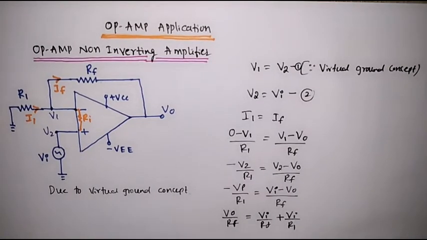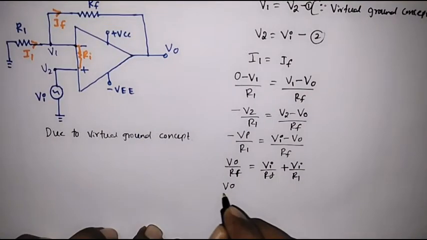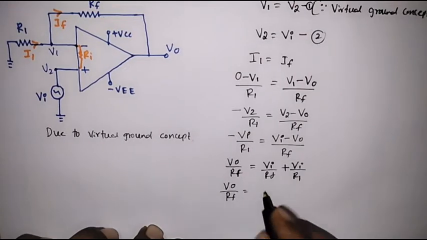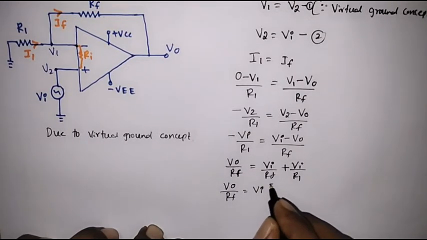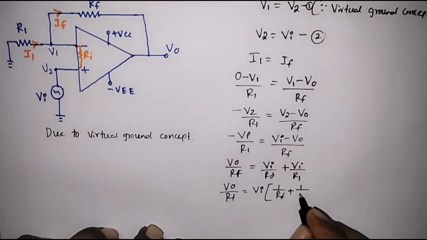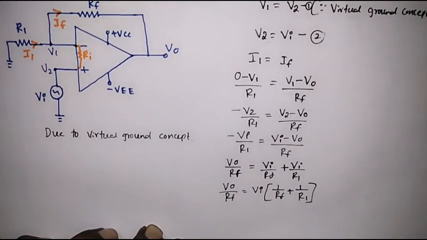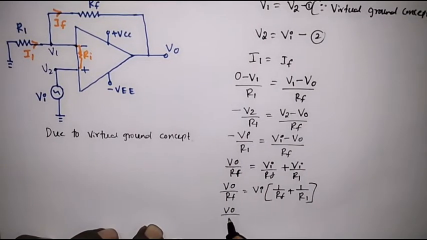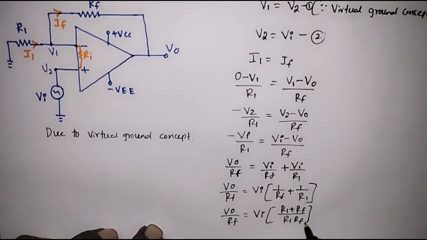Therefore, now I can simplify: VO by RF is equal to Vi in bracket 1 by RF plus 1 by R1. I can simplify this further as VO by RF is equal to Vi, and I'll take the LCM here. The LCM will be R1 RF and the numerator will be R1 plus RF.